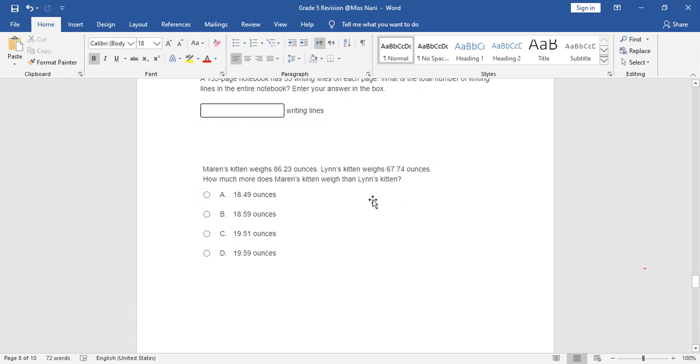So if I have two numbers, I will do minus. So it will be 86.23 minus 67.74, which is 18.49, and we can do it step by step. And this is the first answer.